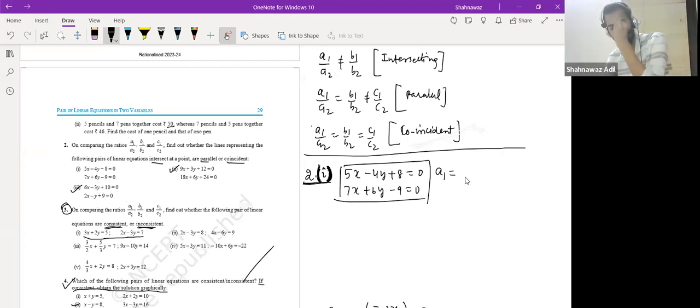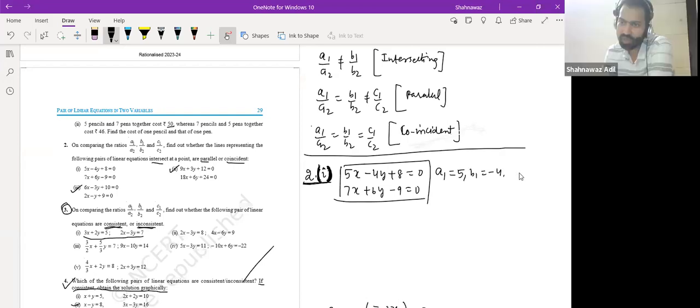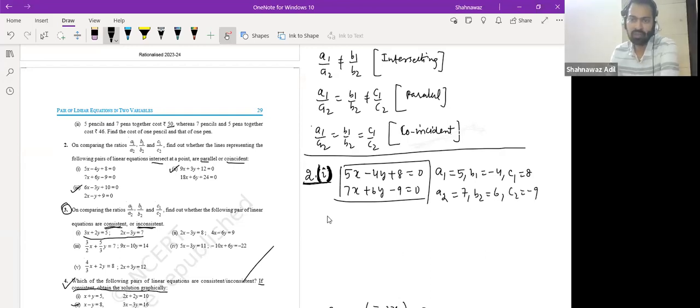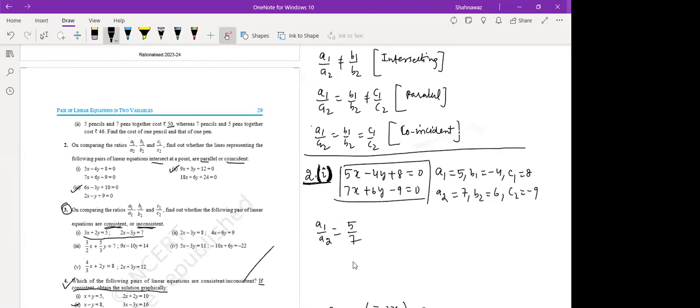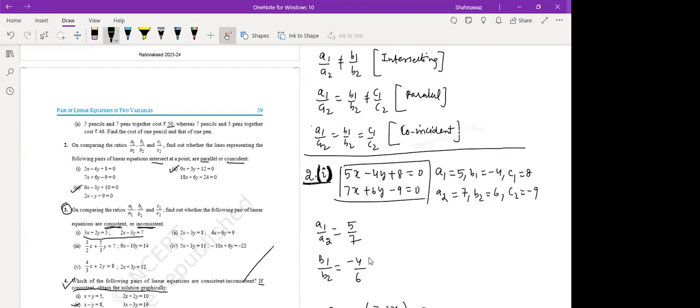If you compare this with the general form, a1 is 5, b1 is minus 4, and c1 is 8. And a2 is 7, b2 is 6, and c2 is negative 9. Now we have to find these ratios. a1 by a2 is 5 by 7, and b1 by b2 is minus 4 by 6, so this is minus 2 by 3.